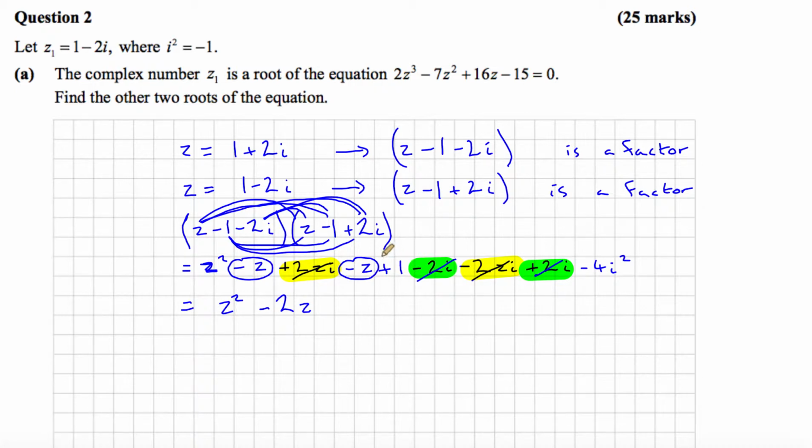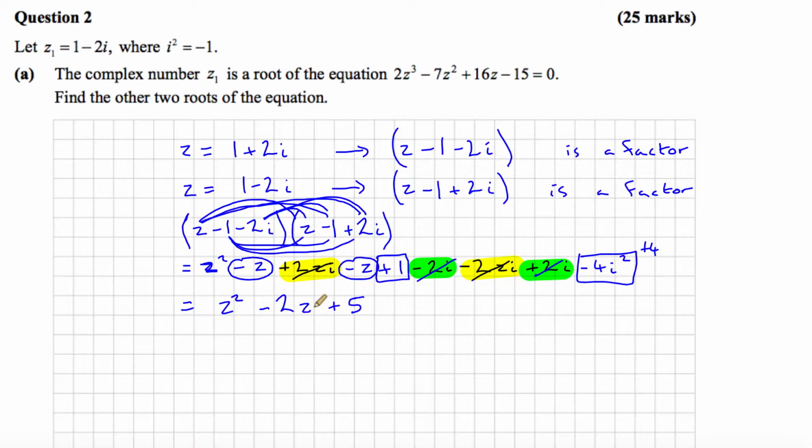And then finally you've got plus 1 and minus 4i squared. Now because i squared is negative 1, minus 4 times negative 1 is plus 4. So this becomes plus 4. And plus 4 plus 1 is plus 5. So this is what we're left with when we multiply those two factors.